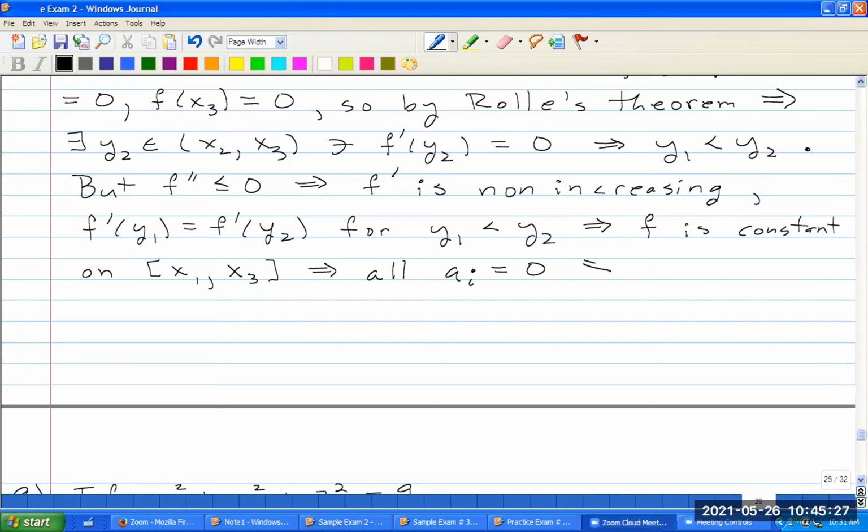But that's a contradiction. Our supposition was that they're not all 0. So I've assumed that there were 3 roots. So there can be those 2 roots.